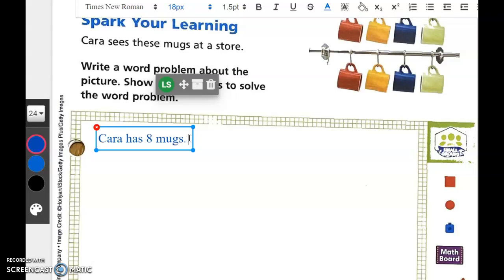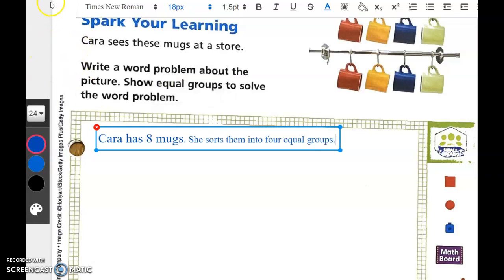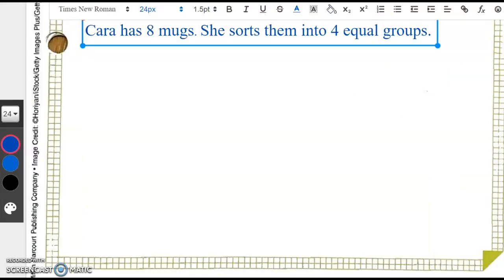So we could say, how many equal groups do you think? 4 equal groups? Yeah. She sorts them into 4 equal groups. If you're at home watching, you should stop your video and guess how many mugs are in each group. Okay, so that's the next thing you need to write.